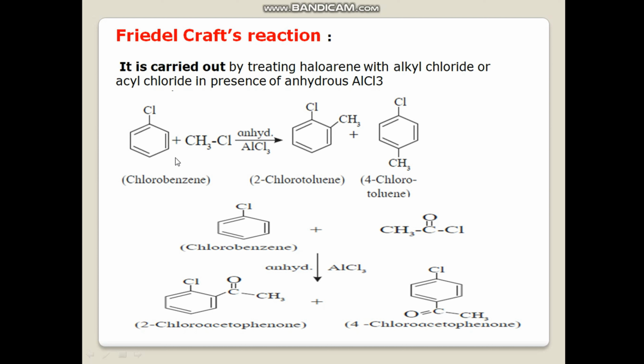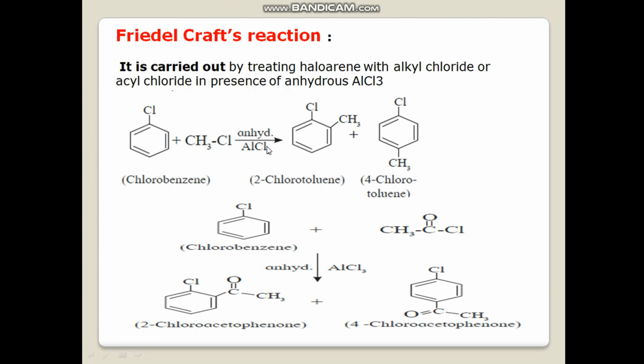It's a Lewis acid. Chlorobenzene reacts with methyl chloride and anhydrous AlCl3, forming 2-chlorotoluene, since this is the second position, and 4-chlorotoluene.